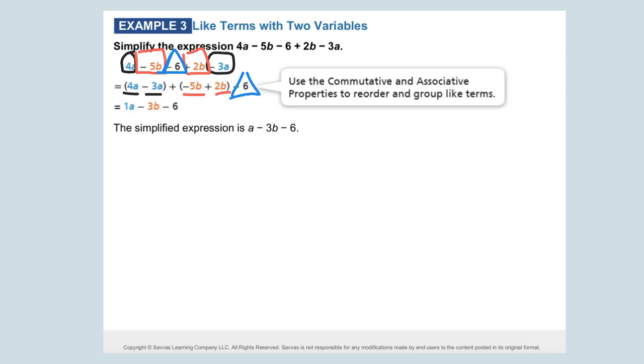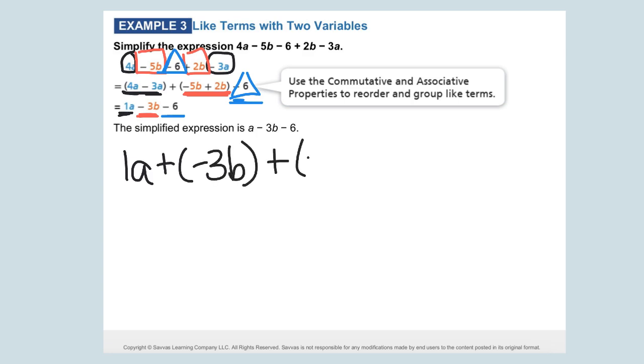Now the associative property says if I subtract 4 minus 3, I'll get 1a. If I do -5 plus 2, that's -3b. And then that's all by itself, so it just comes down. Now for me, I don't like those subtraction signs, so an alternative answer might have been 1a and a -3b and a -6. Those are equivalent. Either one of those would work as your answer.